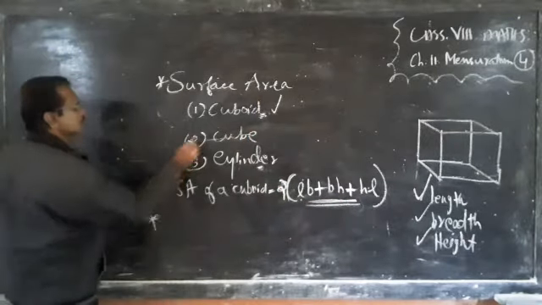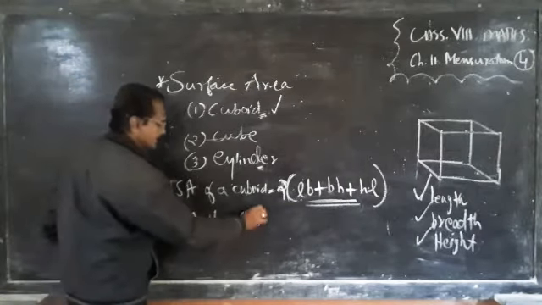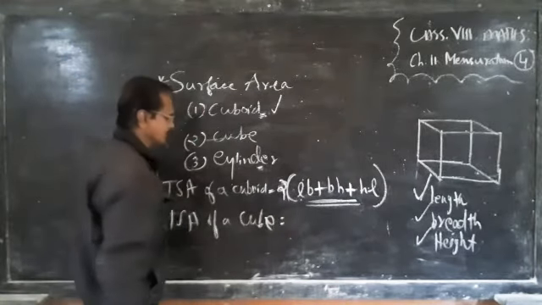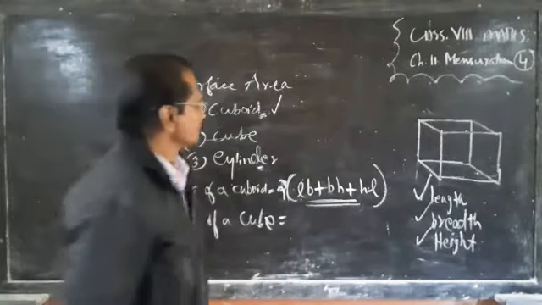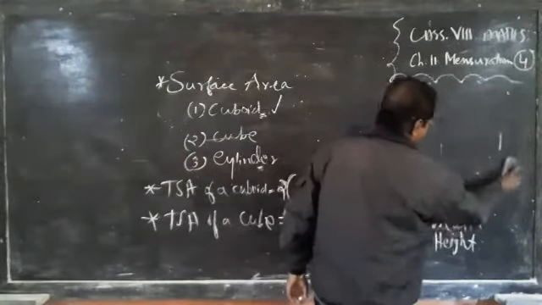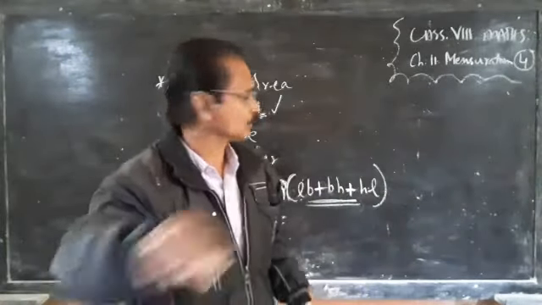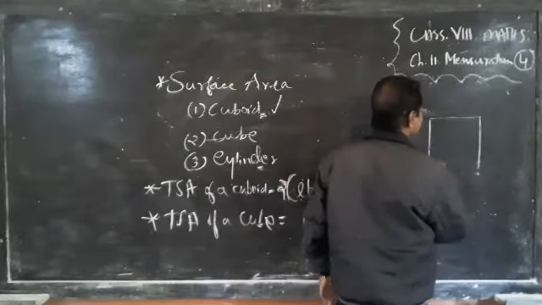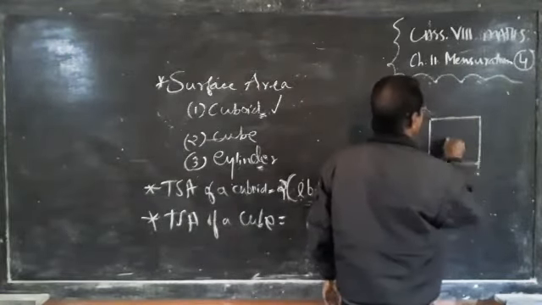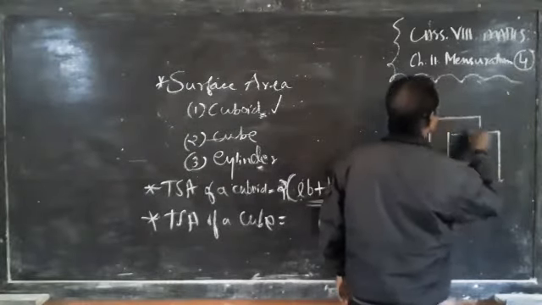And the second one is the total surface area of a cube. As you know, a cube also is a three-dimensional figure, and all the six sides are just like a square.